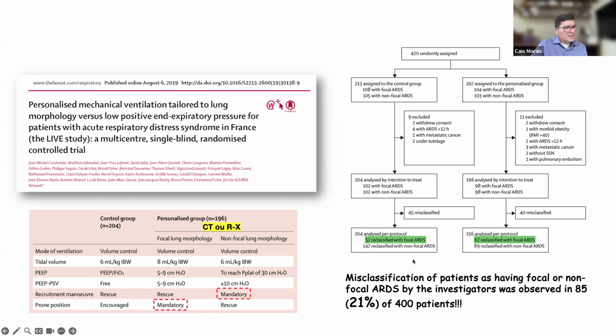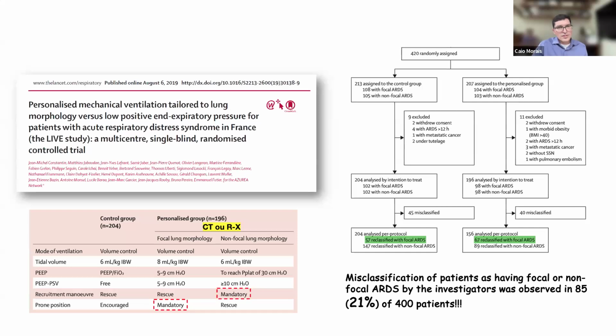And what the authors found in this interesting paper, unfortunately, was a huge amount of misclassified patients. We know ARDS patients sometimes are unable to go to the CT because they are unstable.